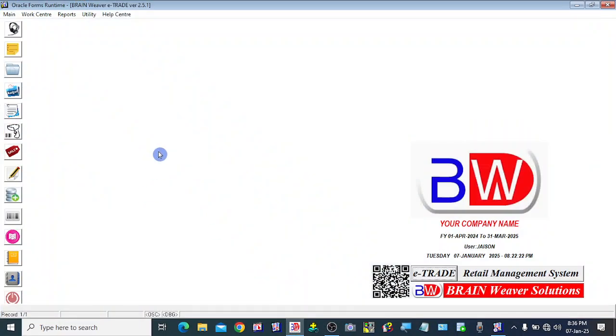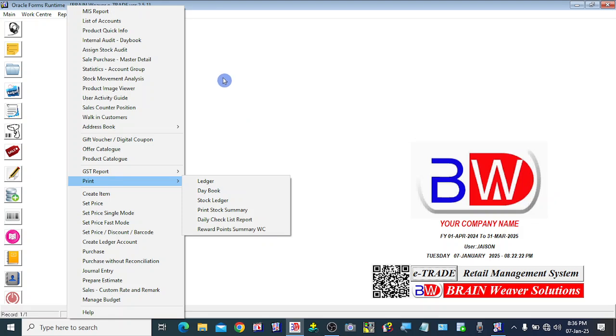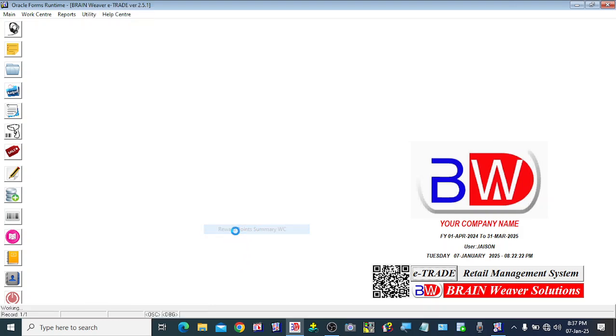Another report that it is also advisable to do on a daily basis is by clicking the mouse right button, and in the pop-up menu under the print button you can see one reward points summary. Click on that.